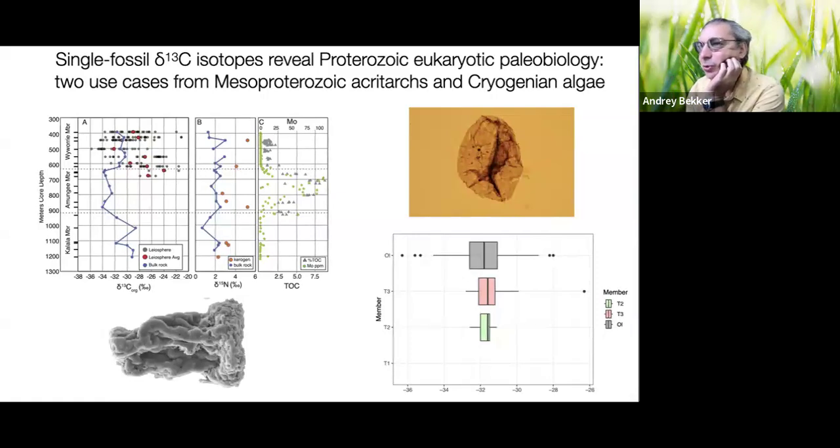And I thought one way you could potentially answer it, if you would take a very thin sample, and extract multiple samples from it and analyze them. So how much variability would you get, because these acritarchs probably lived very short.